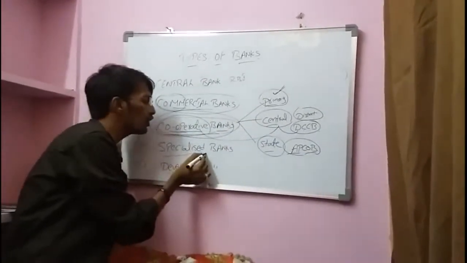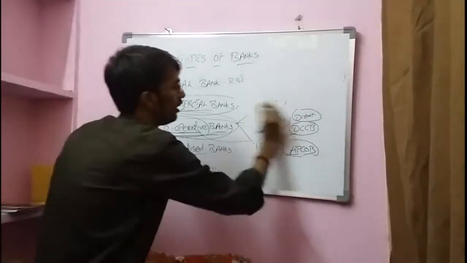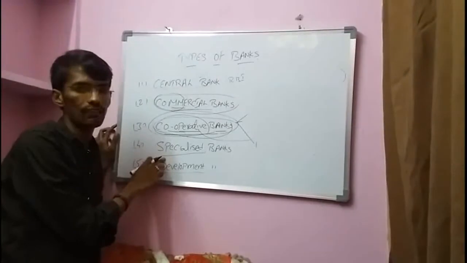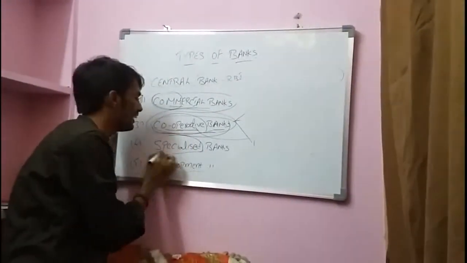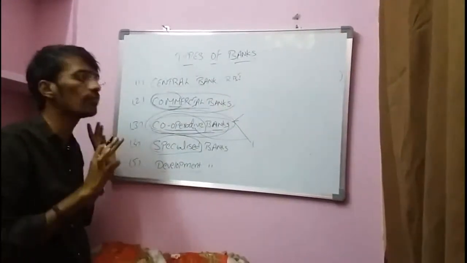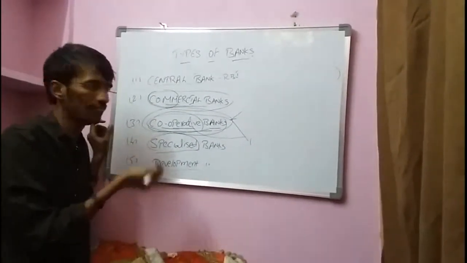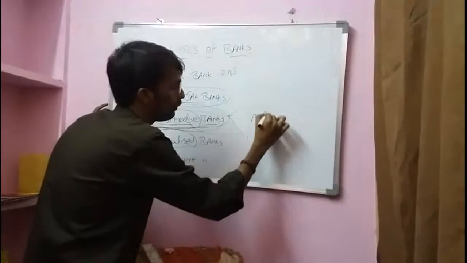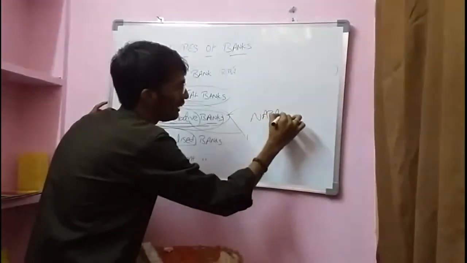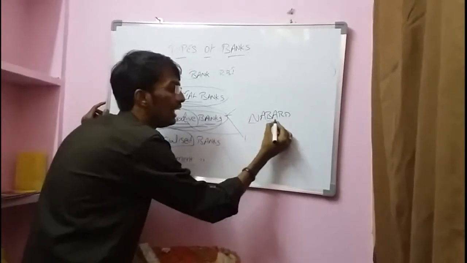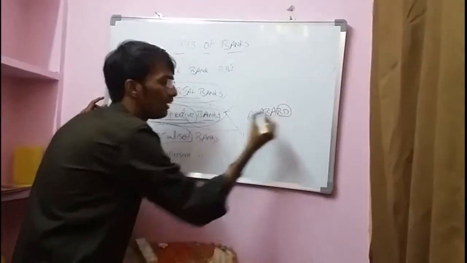And the fourth one is also interesting. The fourth one is known as specialized banks. What is specialized? The name itself gives the clear meaning: it has some special purpose. What is that purpose? We'll see. For example, we can take NABARD. What is NABARD? National Bank for Agriculture and Rural Development.